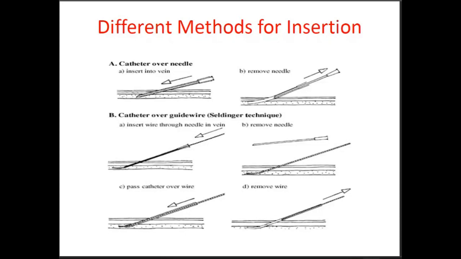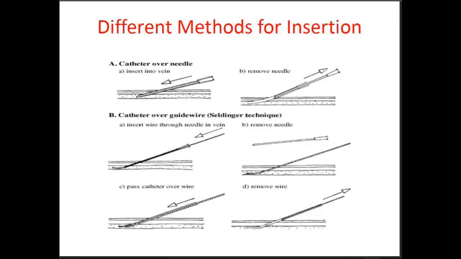The Seldinger technique, which is very, very common as well: you insert the needle first without the catheter, then you insert a guide wire, then you take the needle out, and then you insert the catheter over the wire.